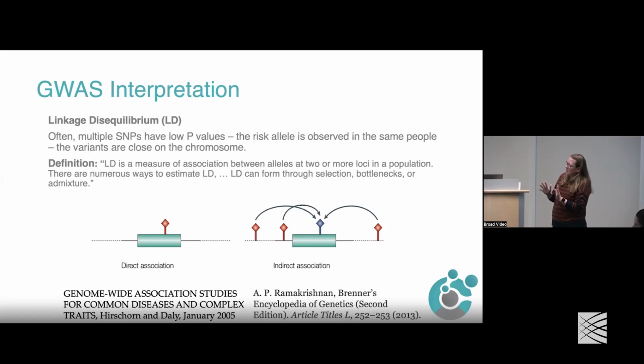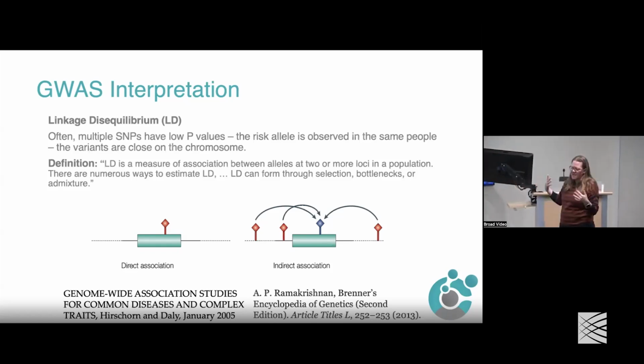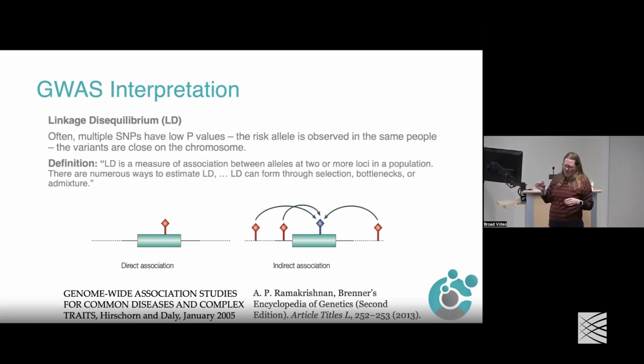And back in the early days of genome-wide association studies, we were using genotyping arrays, which were pre-made products that read out the genotype of a particular individual at all these different set locations.